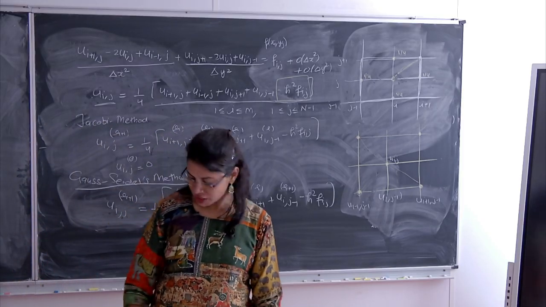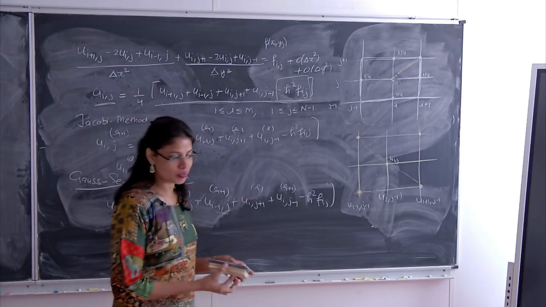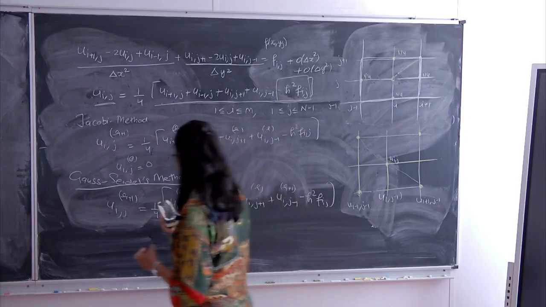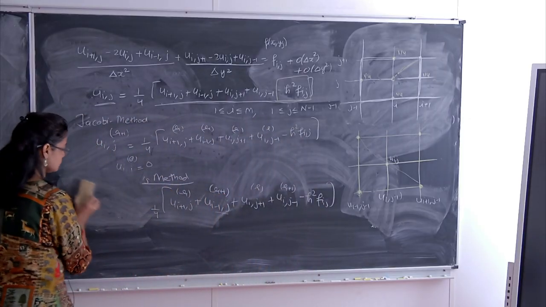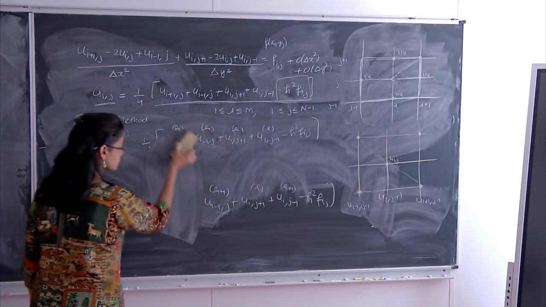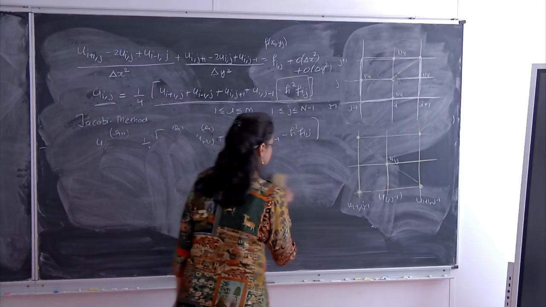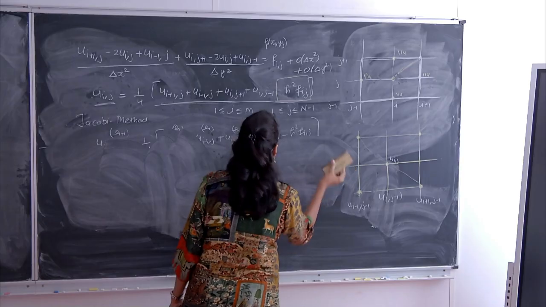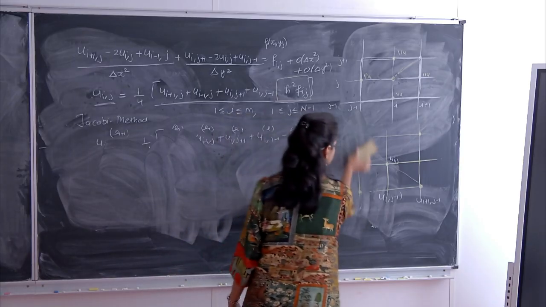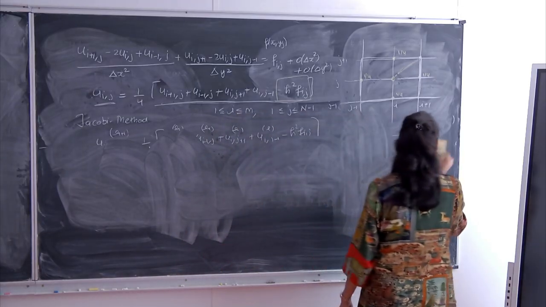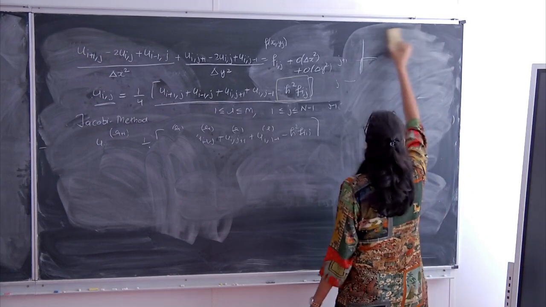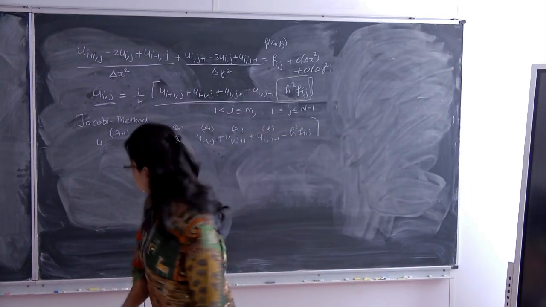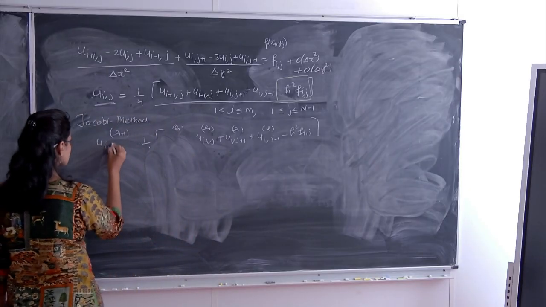Okay, so next we are going to do a very nice method which is called successive over relaxation method. I am not going to erase everything because I may need this formula.